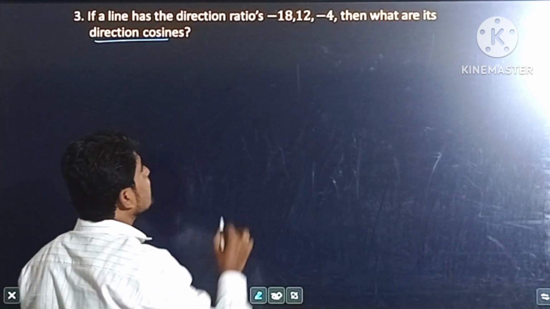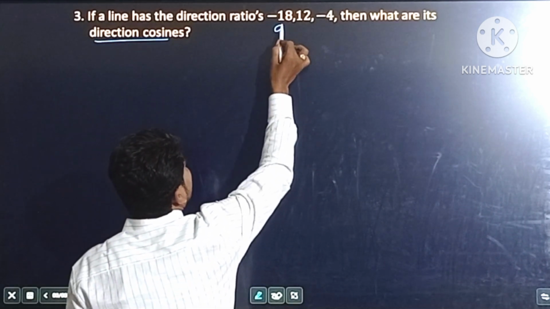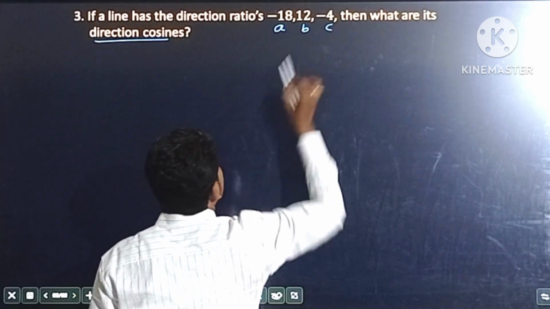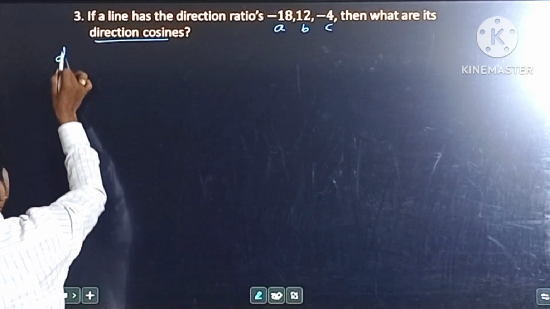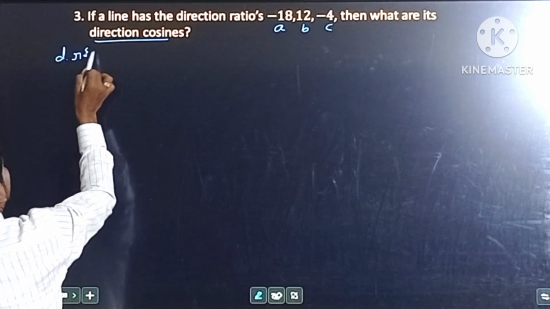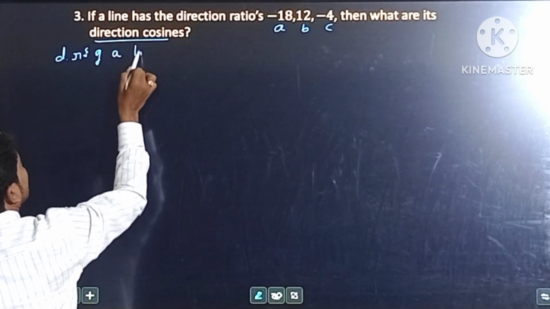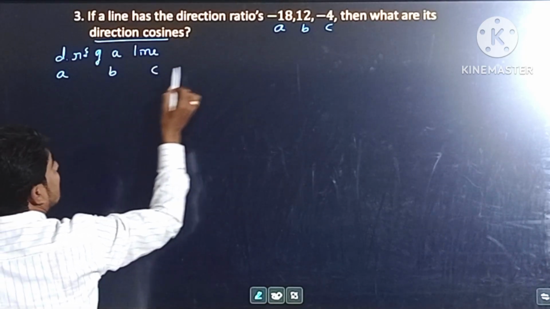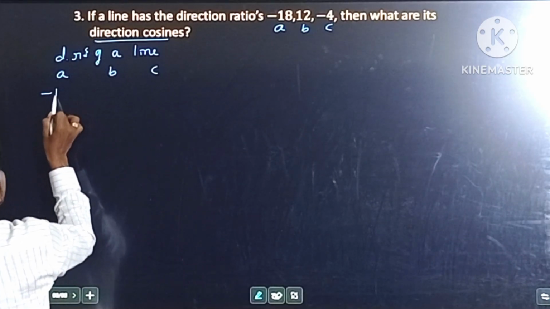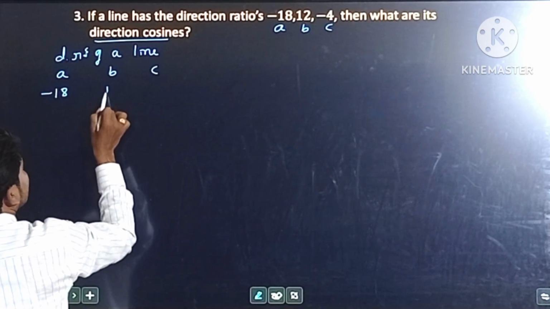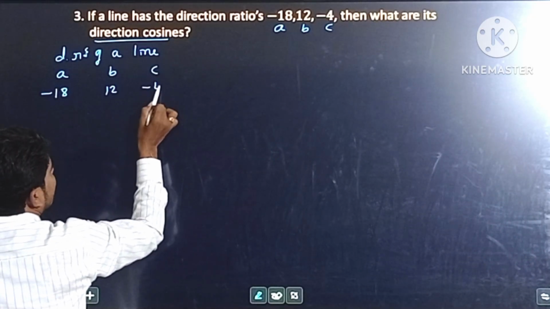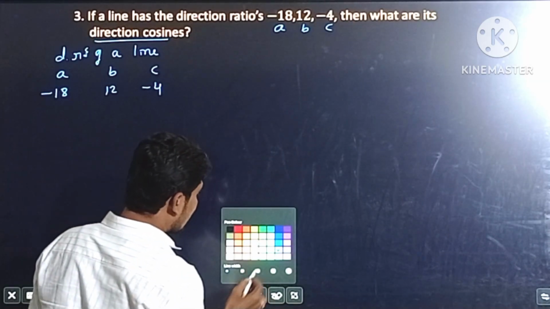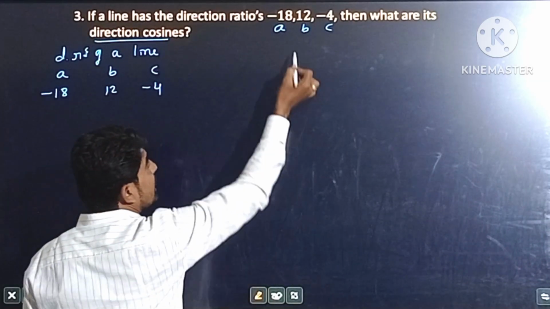As you know, direction ratios of a line are denoted by A, B and C. So the value of A is minus 18, the value of B is 12 and C is minus 4.